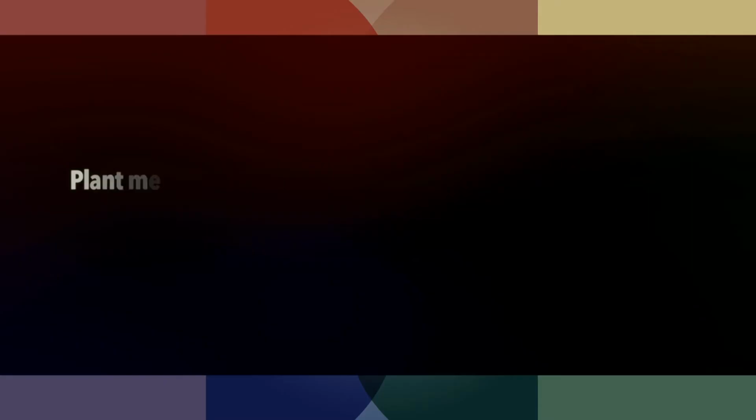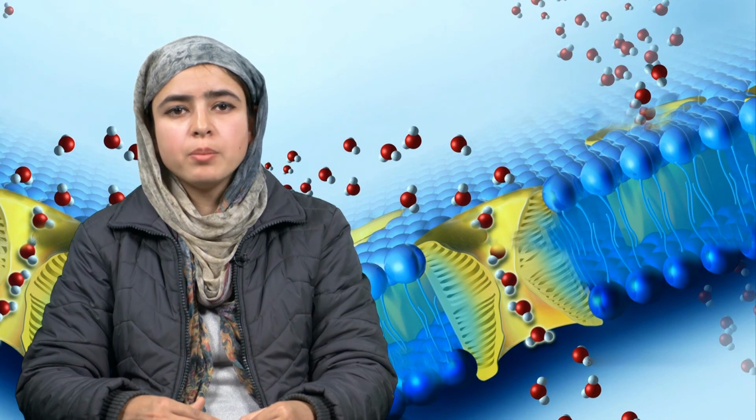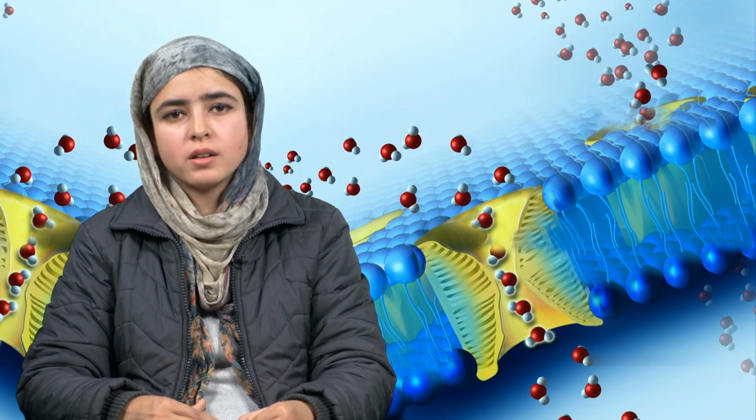In addition, plant membranes are equipped with other transport systems that mediate a more specific and vectorial transport of NH3, NH4 and urea. Thus, the role of TIPs in vacuolar partitioning of nitrogen metabolites seems at most minor.